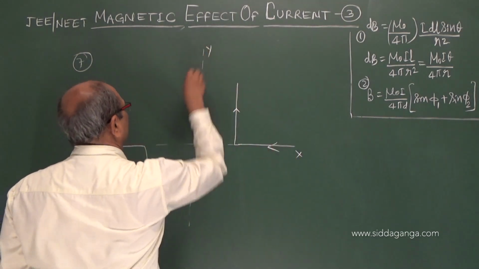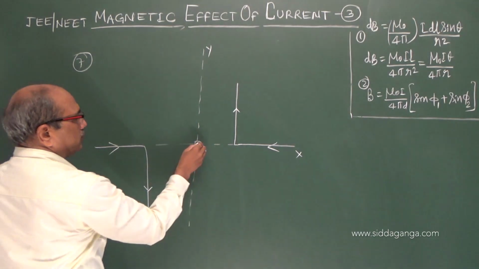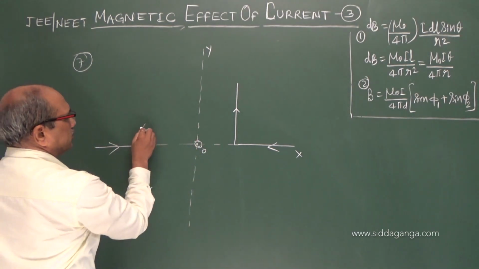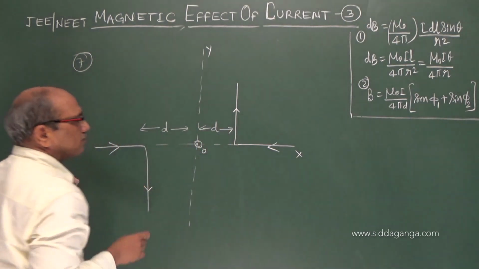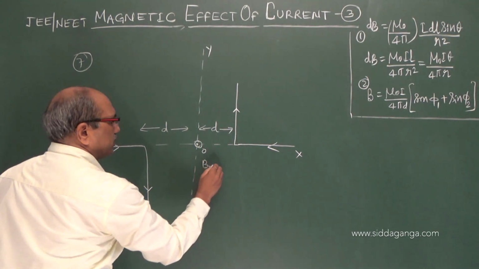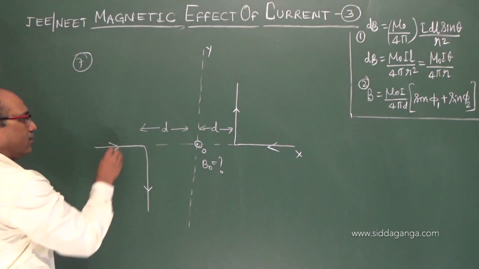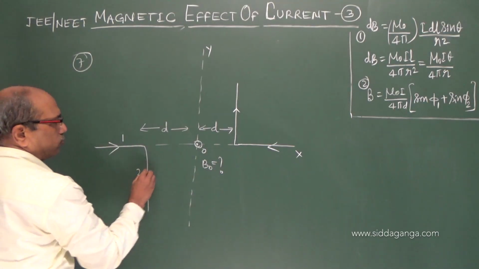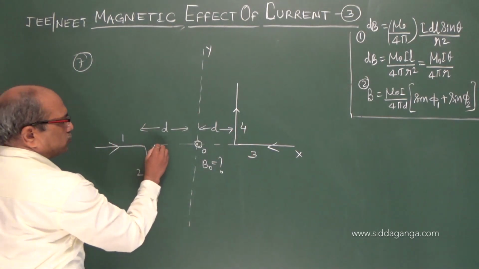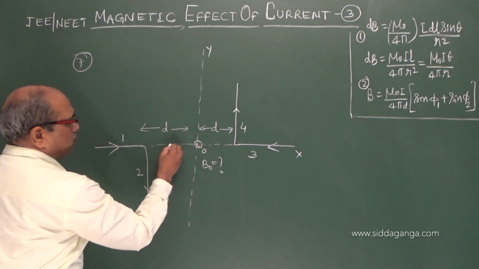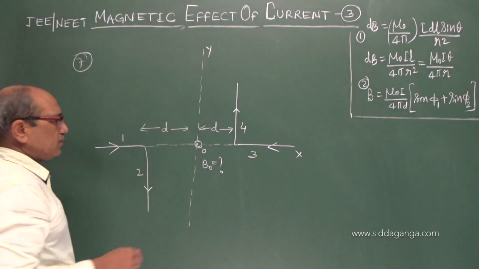It may be X and Y. Now think of this distance as D and this distance is also D. What is the field at this center? Again imagine 1, 2, 3 and 4.